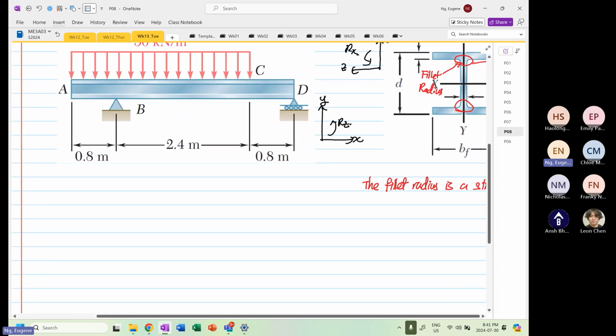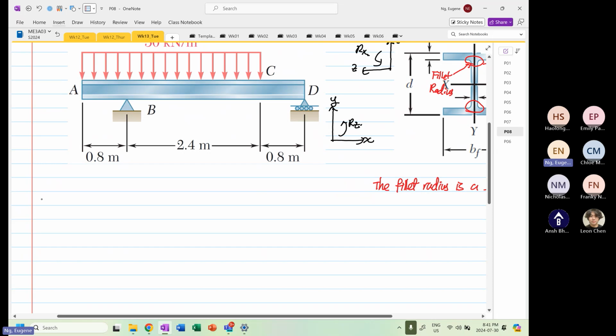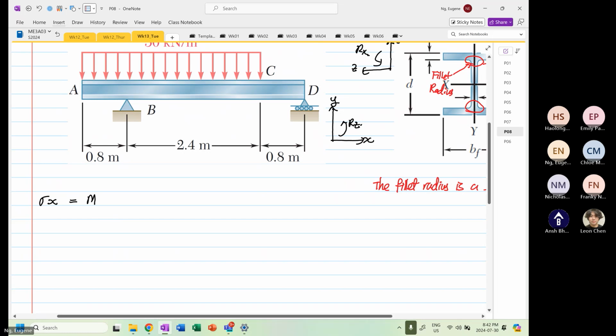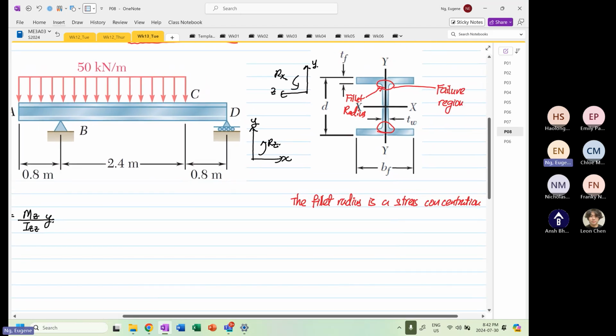So one formula we're going to apply is that the normal stress in X is equal to Mz over Izz multiplied by y. Then you will ask me, Eugene, how about the shear?